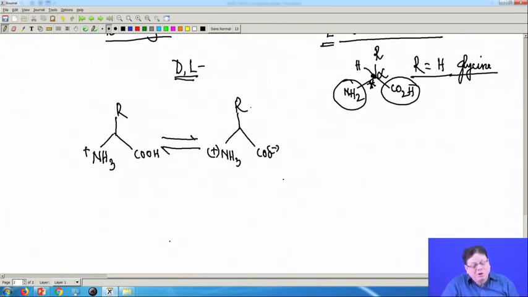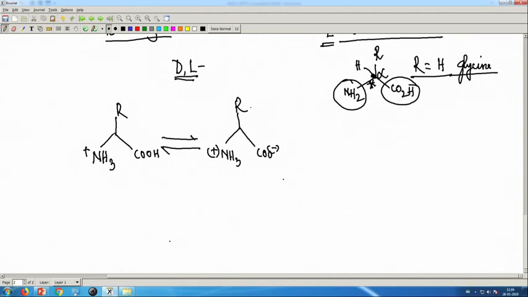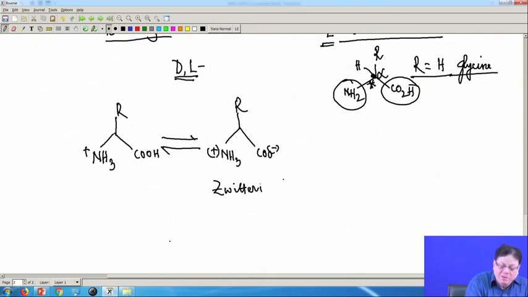Now you have a molecule where both plus and minus are present. This is what is called a zwitterion. That is the zwitterion structure of the amino acid. Remember, this zwitterion will be present at a particular pH.